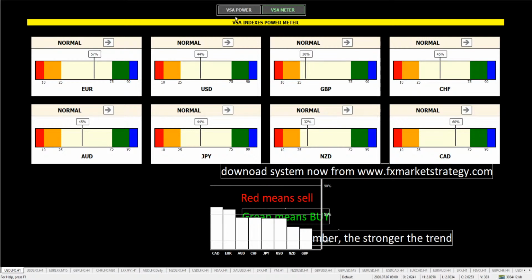You put this VSA market scanner by itself. You can see the pound is now the weakest currency. Now, pound Canadian is a good sell, guys.